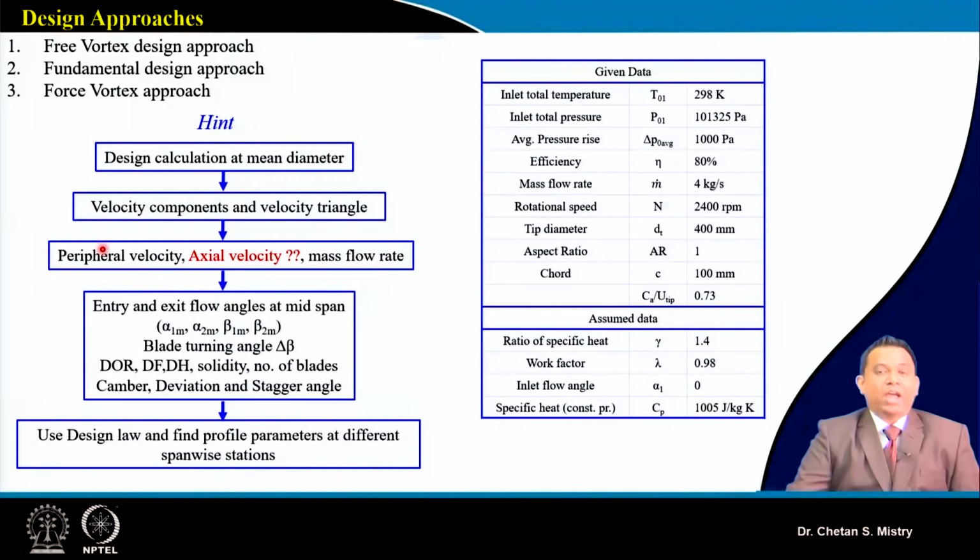At entry and at exit we will be calculating different flow parameters: degree of reaction, diffusion factor, d'Euler's factor. We will calculate different flow angles at a particular station initially, and then apply our design law for the other stations. Let's see how to proceed.